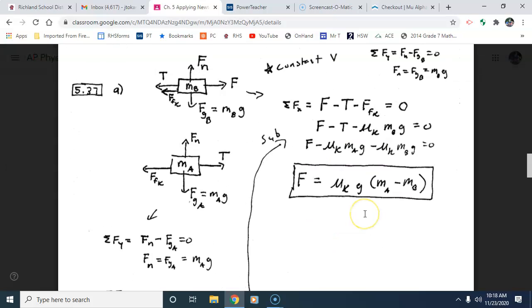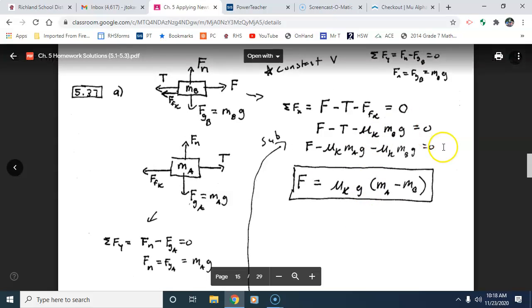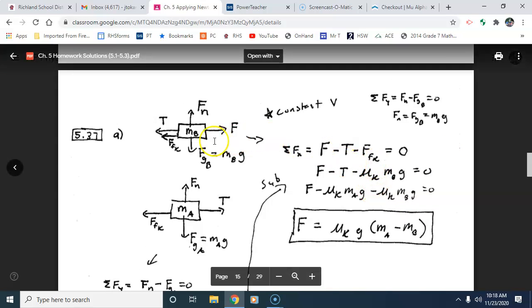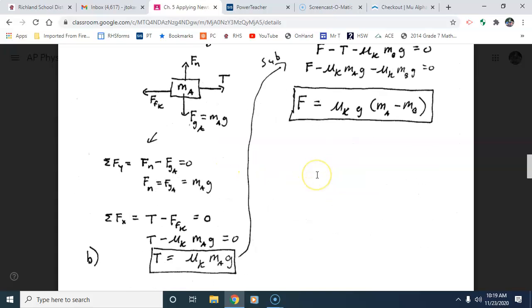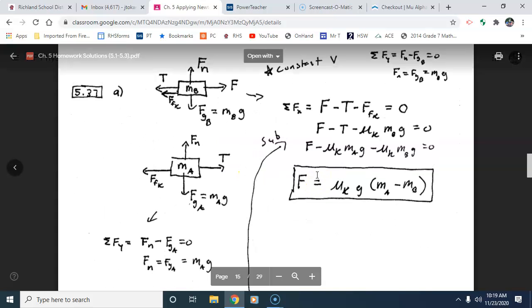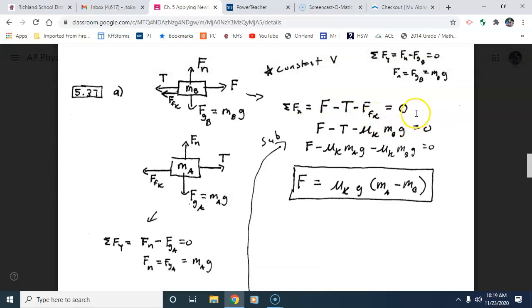I'm going to first perform Newton's second law on the x-axis for block B right here. We got F, we'll call that way positive, minus tension minus f_k, and that equals 0.